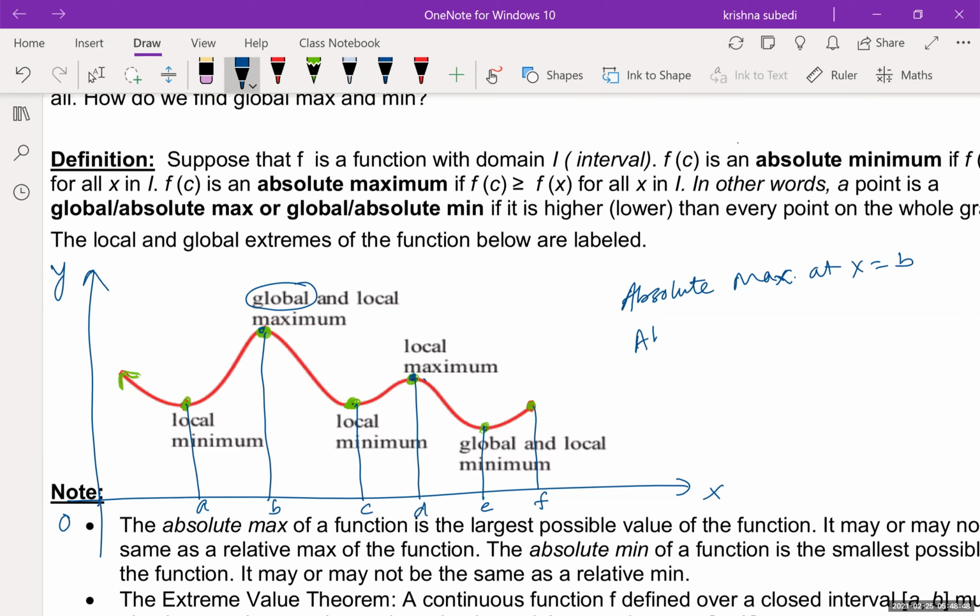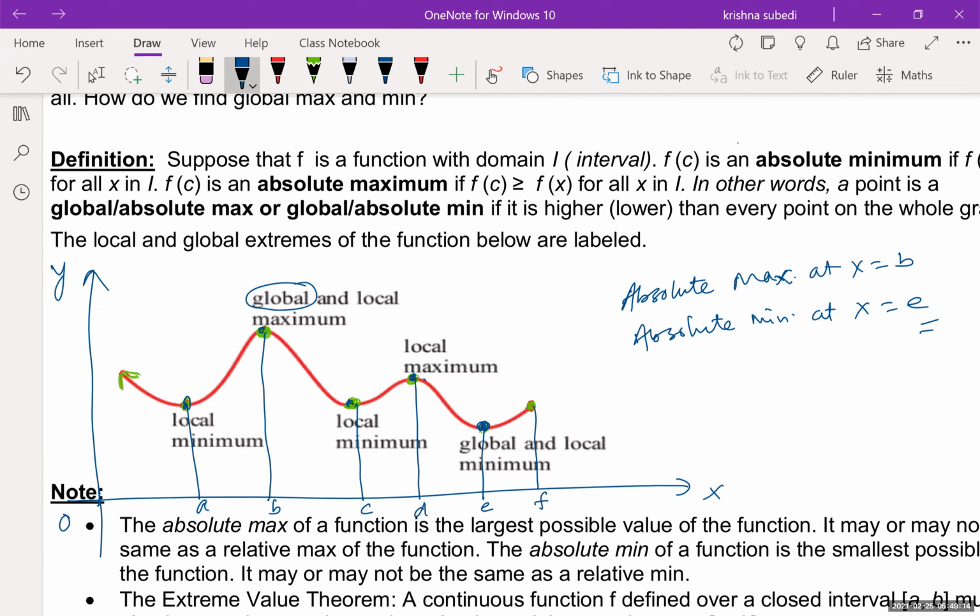In the same way, absolute minimum: out of all of these points, at x equals e, this is the true minimum when you look at the graph as a whole. So therefore, this is called absolute minimum.